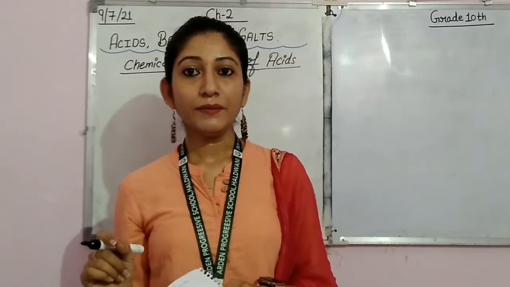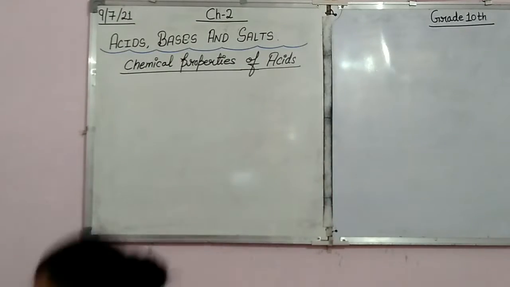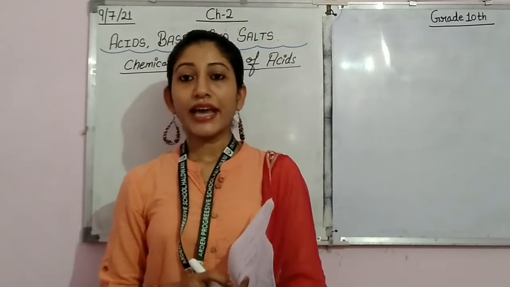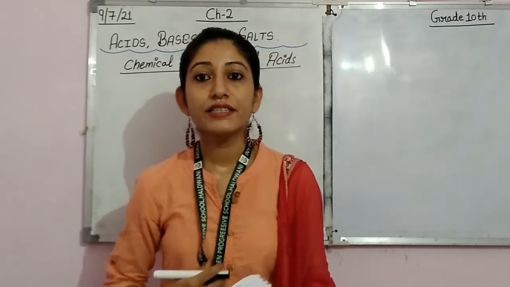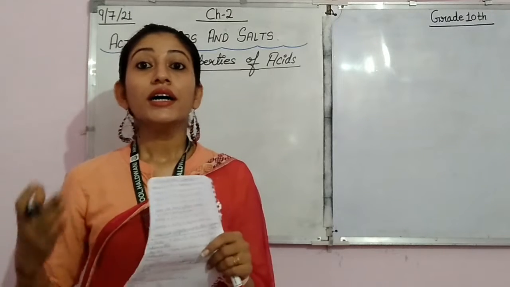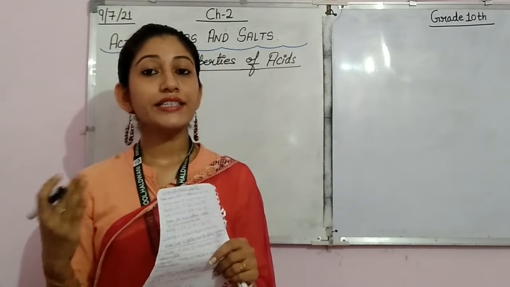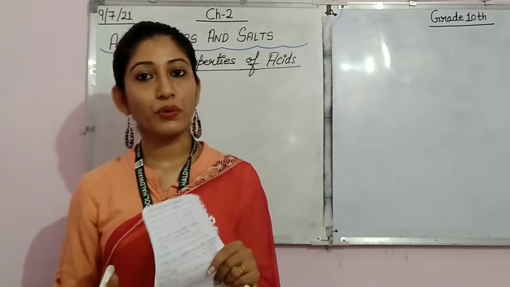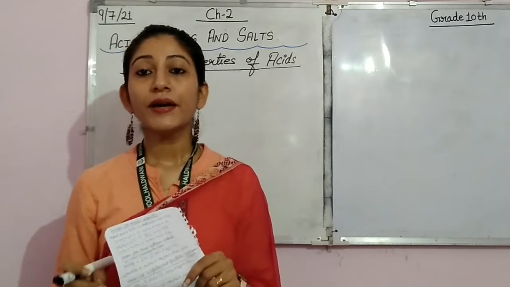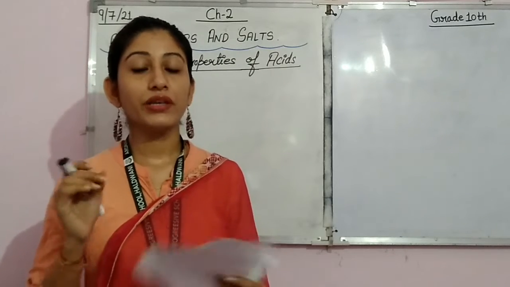Now see beta, as I said, the chemical properties of acids mean that we see how acids act with different things. First of all, let's see the action of acids with metals.